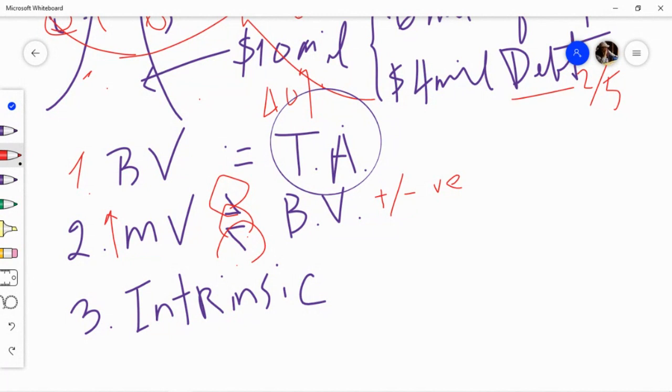Around 2020, they had a 2-to-1 split or something like that. So the price went down to somewhere around 400, and then came back up.